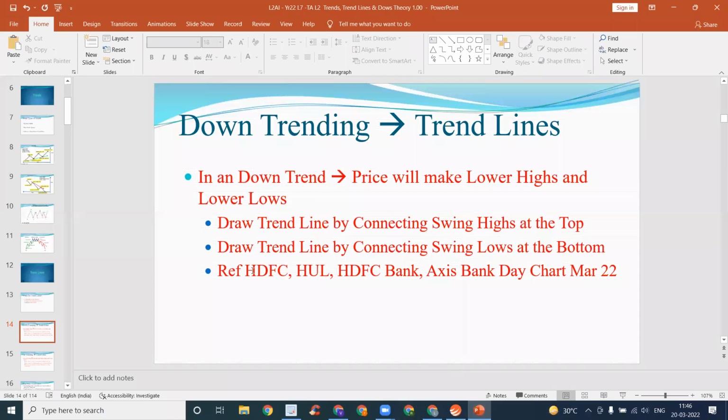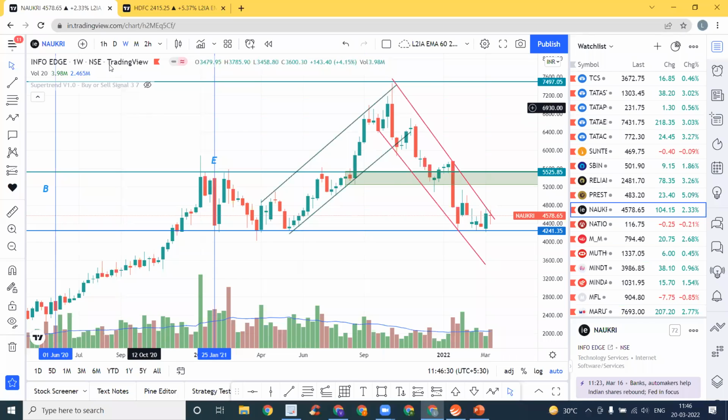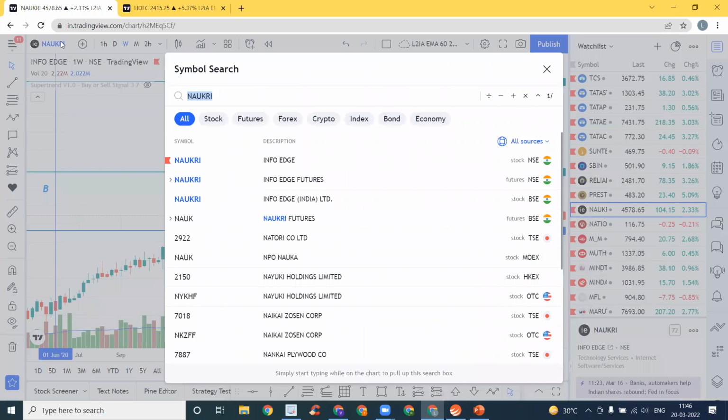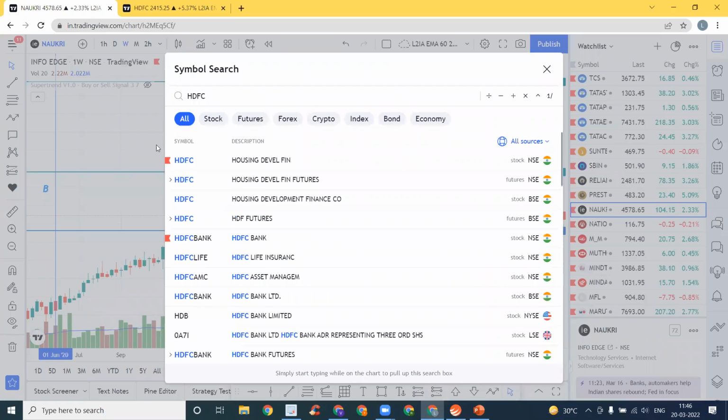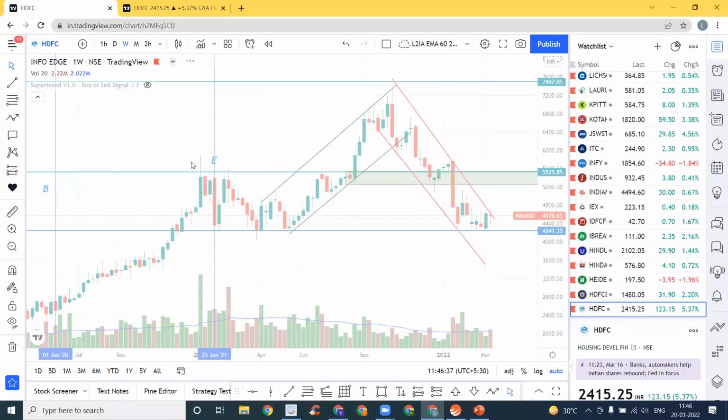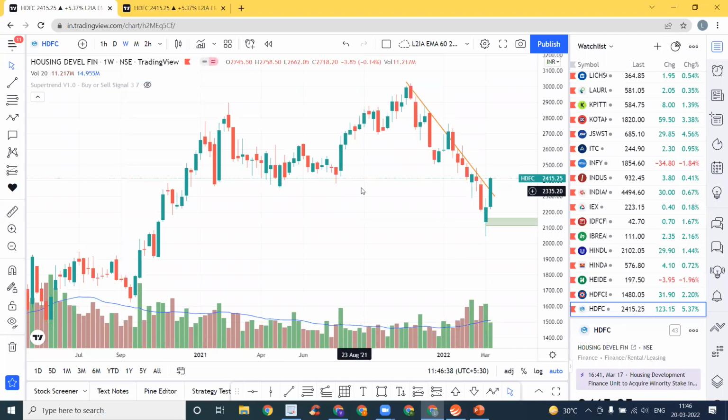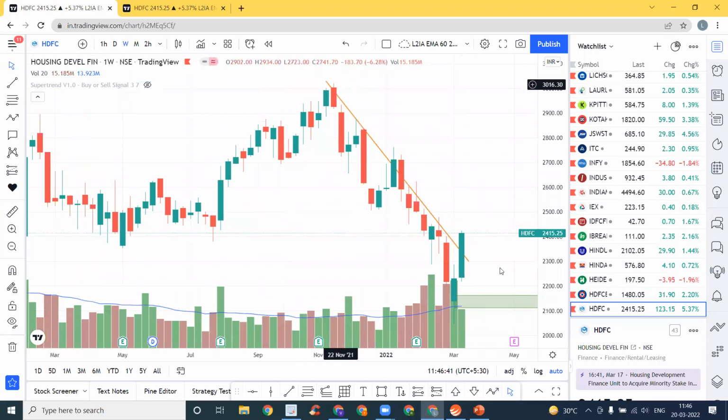So let us see HDFC, HUL, HDFC Bank, HDFC. So you can see here, this is my downward channel. I draw another line.